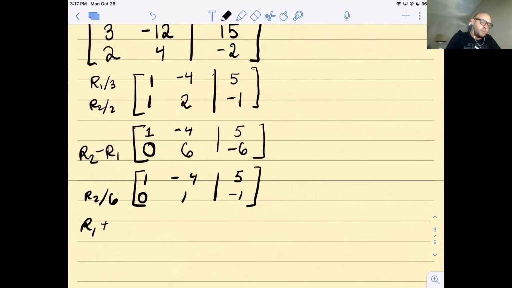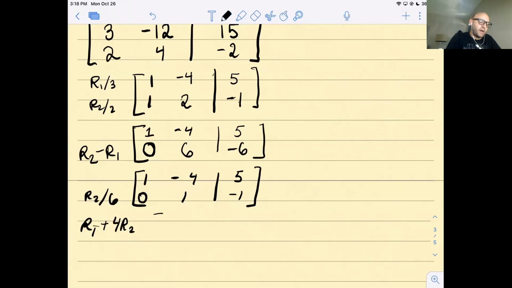How can I use this one to eliminate the -4? How many of these ones do I need to eliminate a -4? I need +4 of them. Exactly. So in this case, I'm doing R1 plus 4 R2.